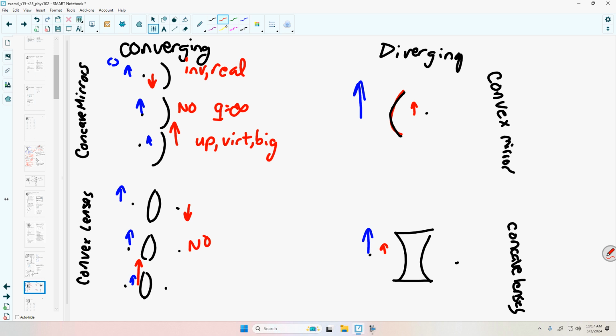Okay? That is a virtual, upright, smaller image. It's like a security mirror. Virtual, upright, and smaller. Knowing those will help you. They'll help you too with ray diagrams, or the ray diagrams will help you understand those too. Right? Yeah.